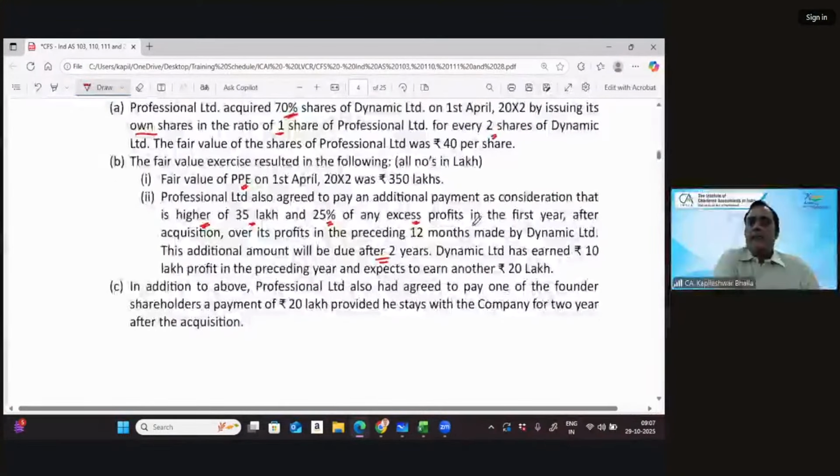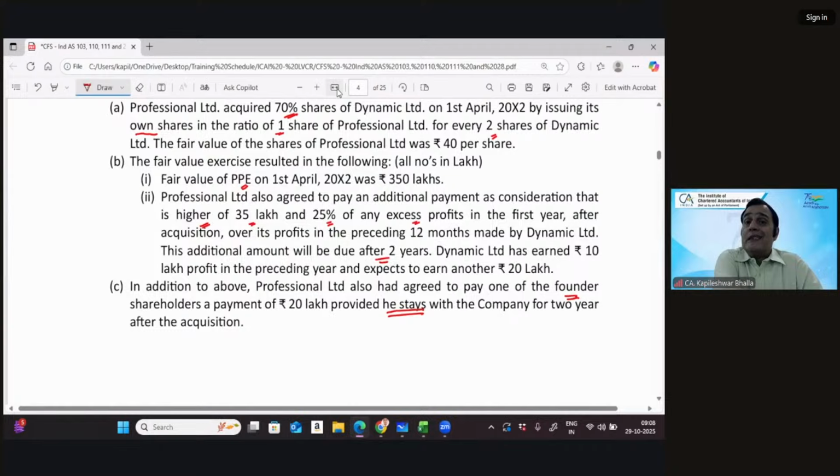Then it says, in addition to the above, Professional also agreed to pay one of the founder shareholders 20 lakhs, provided he stays in the company for the next 2 years after acquisition. This payment is going to be paid in the future, provided he stays in the company for the next 2 years.